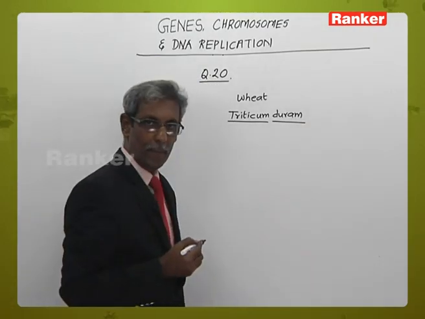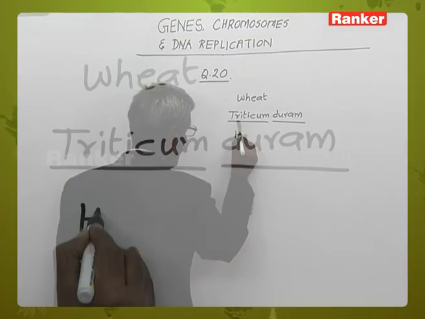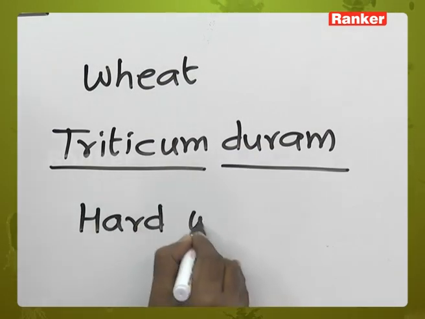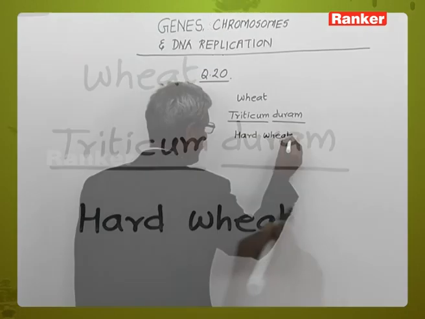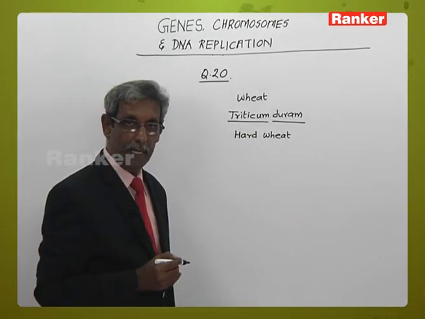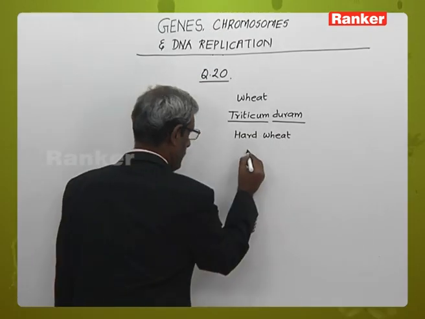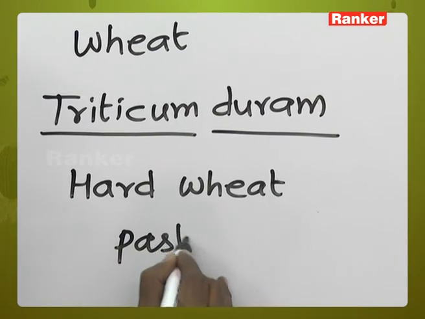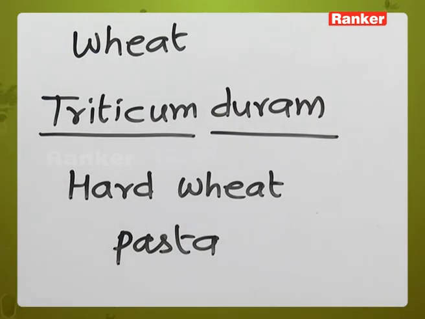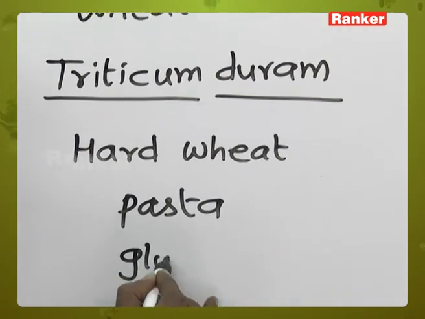Now, Triticum durum is hard wheat. It is used in Italian foods like pasta, and its gluten content is less.